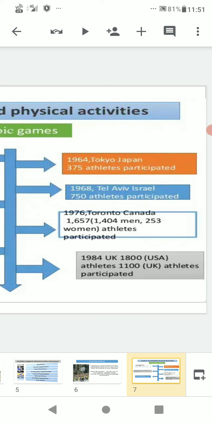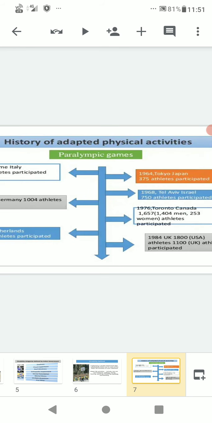In 1984, UK, 1800 athletes, of which 1100 UK athletes participated in the Paralympic Games. Okay.